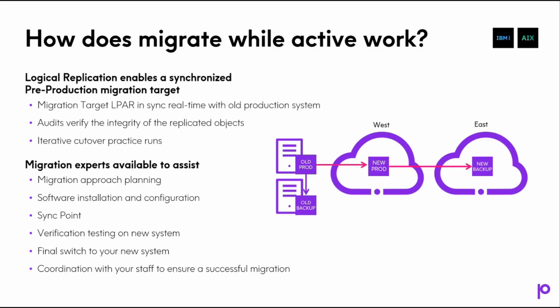A good approach turns into a good landing. Software installation, configuration, sync point, verification testing on a new system, final switch, attending a switch event, and coordination with your staff. These are services that we can provide, and some of our partners can provide as well.